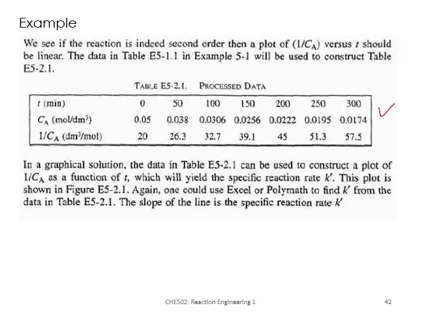In the graphical solution, the data in the table can be used to construct a plot of 1 over CA as a function of T, which will yield the specific reaction rate k prime. This plot is shown in figure CHE502.1. Again, one could use Excel or Polymath to find k prime from the data table. The slope of the line is the specific reaction rate k prime.